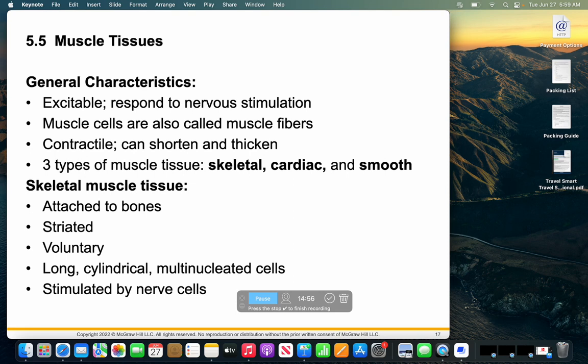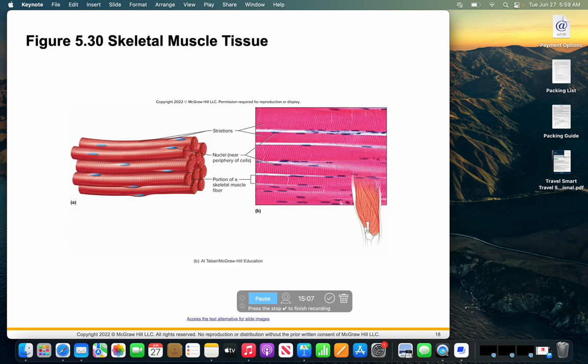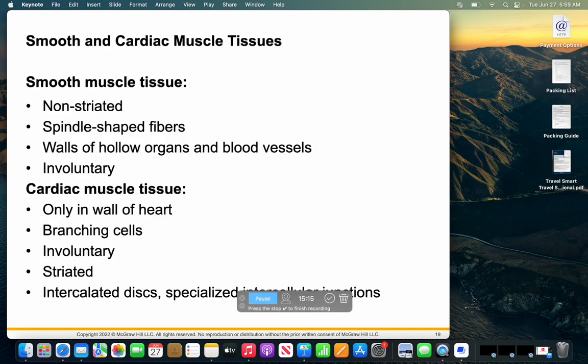Muscle tissue, we have three types: skeletal, cardiac, and smooth. And skeletal muscle is striated. It's voluntary. It attaches to bone and it moves your body. And so you can see these long cylindrical-shaped cells with their multinucleated structure. Smooth muscle tissue is named smooth because it is not striated. They're more spindle shaped.